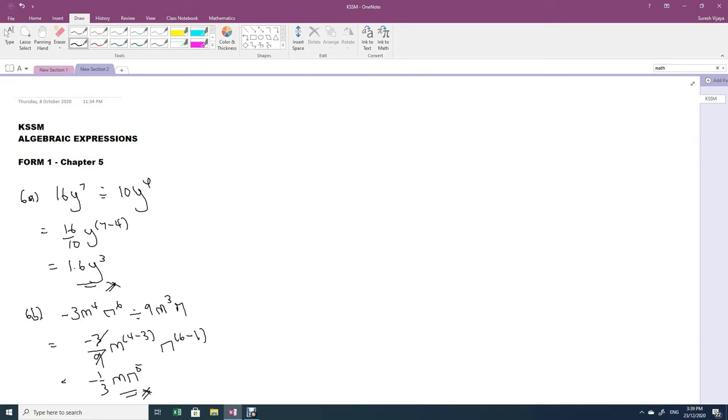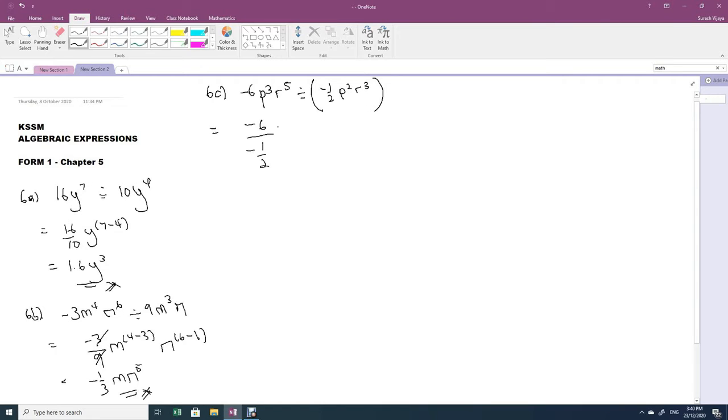So we move to 6c. What 6c says, we have negative 6 p to the power of 3 r to the power of 5, divide by negative 1 over 2 p to the power of 2 r to the power of 3. Next, solve the number first.